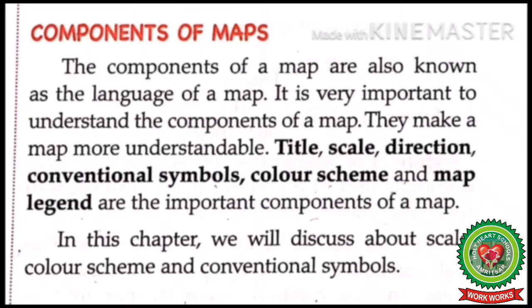As they make map more understandable. Title, scale, directions, conventional symbols, color scheme, and the map legends are the important components of map. In this chapter, we will discuss scale, color scheme, and conventional symbols.